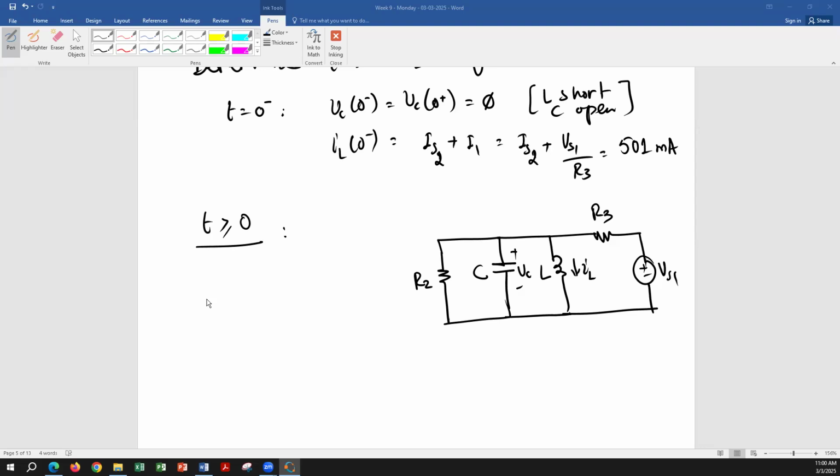Okay, so now let's go ahead and find the damping type, and this is the parallel circuit. All right, seems like it is an overdamped circuit. Let me know if you get the overdamped.